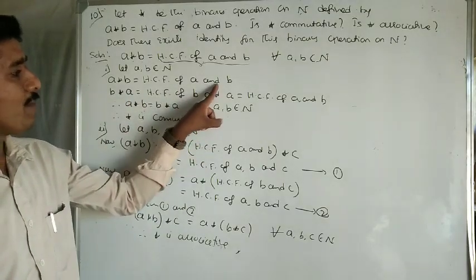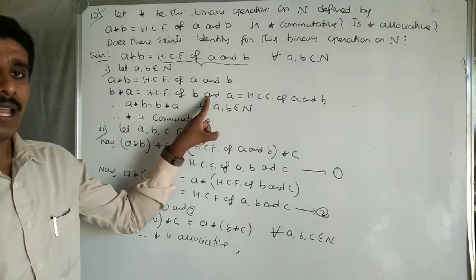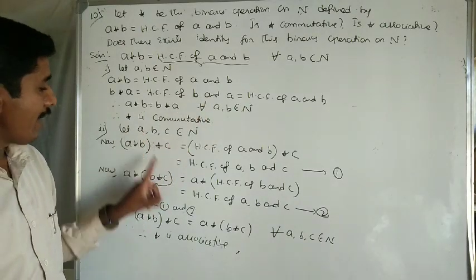So clearly it is commutative because a star b equals b star a: the highest common factor of a and b equals the highest common factor of b and a. And clearly it is associative.